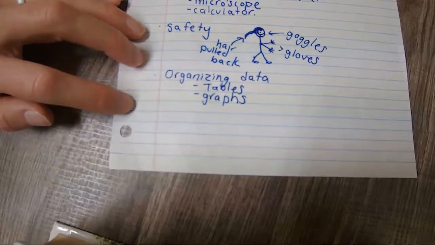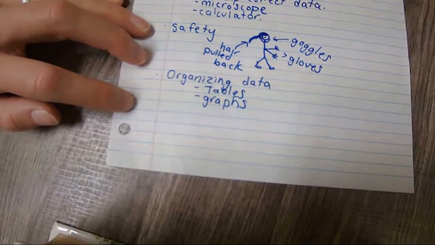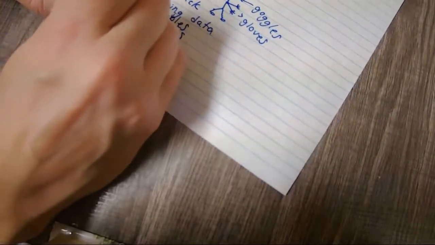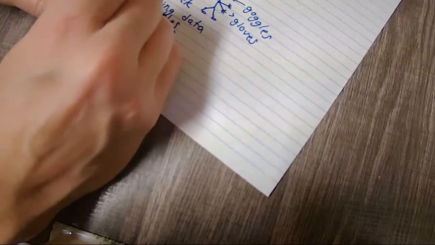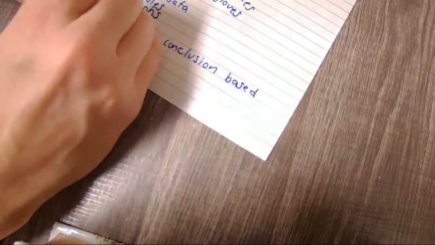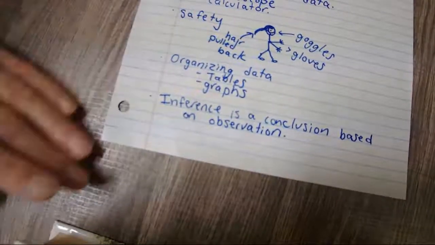The last note that we kind of want to highlight is all about inferences. So an inference is a conclusion based on an observation. Now, you've probably talked about inferring in reading, and that's kind of the same thing as an inference. So an inference is a conclusion, based on observation. So you see something, you hear something, you smell something, right?